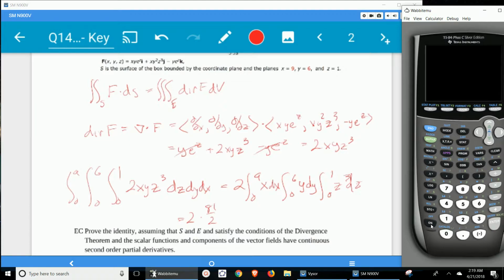And then this would become 36 over 2, I think. It's y squared over 2. This is z to the 4th over 4, so that would be times 1/4.